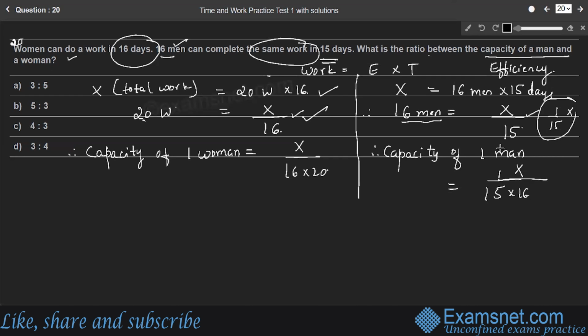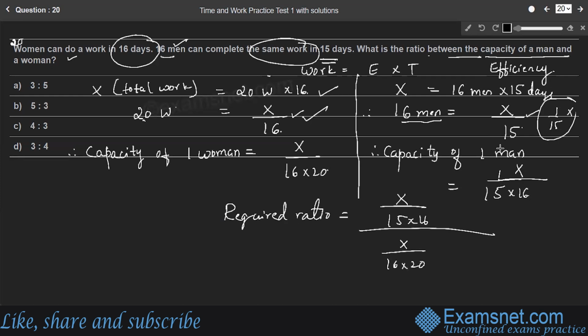Right? Here the question is ratio between capacity of man and a woman. So required ratio is capacity of man, which is X by 15 into 16, right? To woman, X by 16 into 20. So X and X will get cancelled.